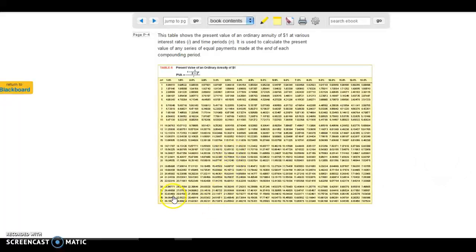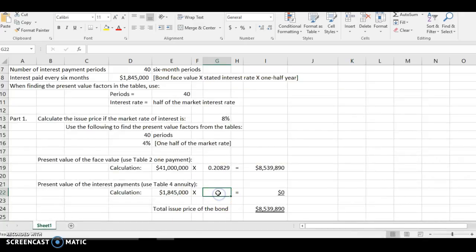We use the same number of periods and the same percent. And so on table 4, the 4% column, 40 period row, the factor, it's very difficult to read, but it's 19.79277.